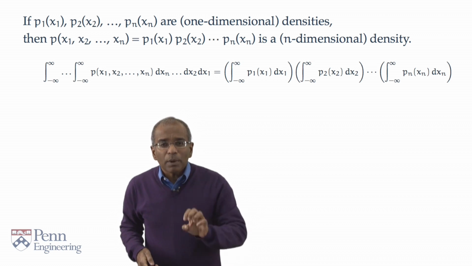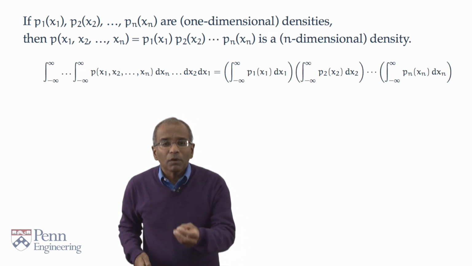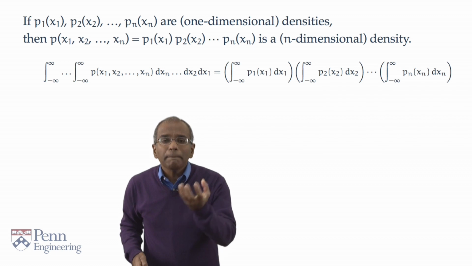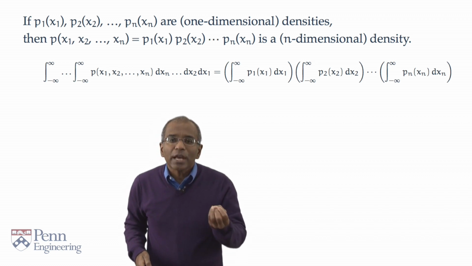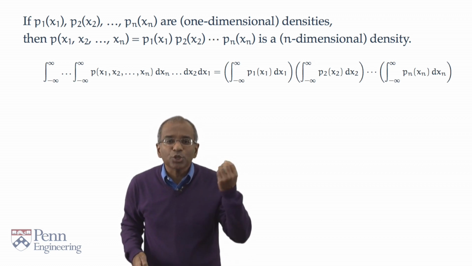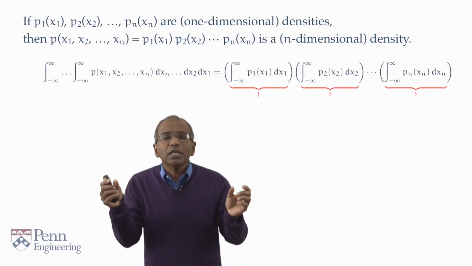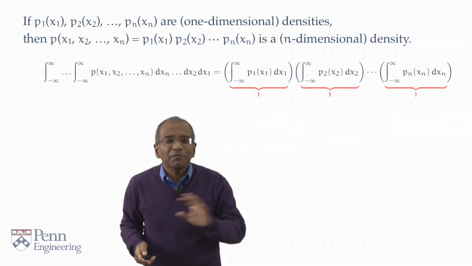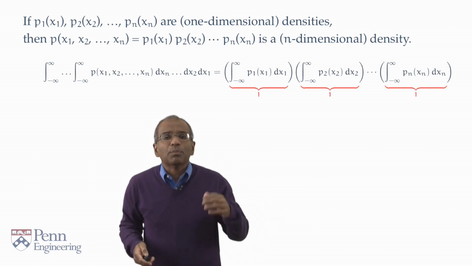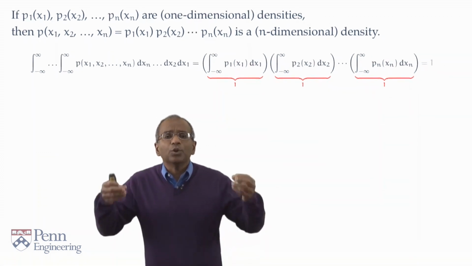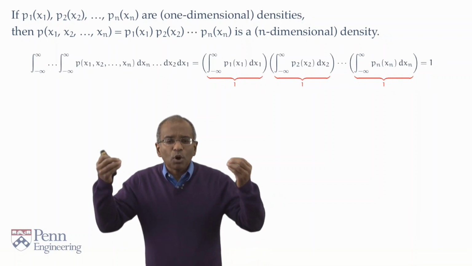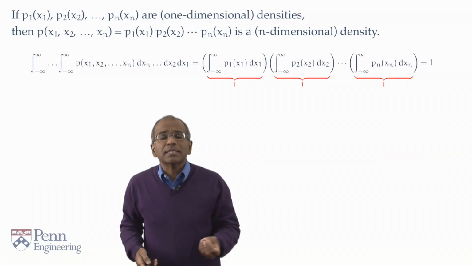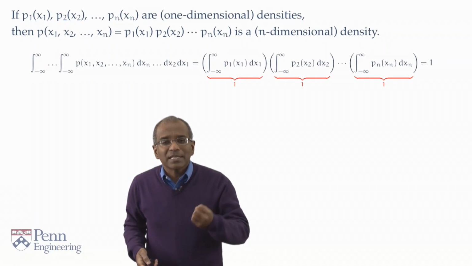Now, each of these one-dimensional integrals is the area under the curve of a one-dimensional density. By definition, each of those areas must be properly normalized to unit, and therefore each of the terms on the right must be exactly 1 without any further computation. And you get a product of 1s, and inevitably you get 1. So the product of n one-dimensional densities in fact gives you a density in n dimensions.